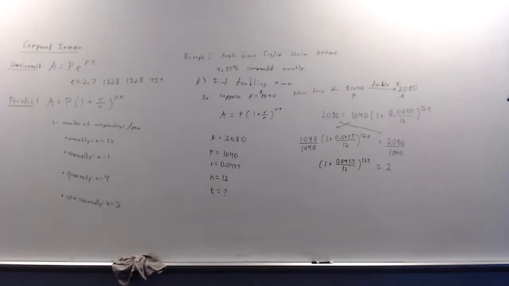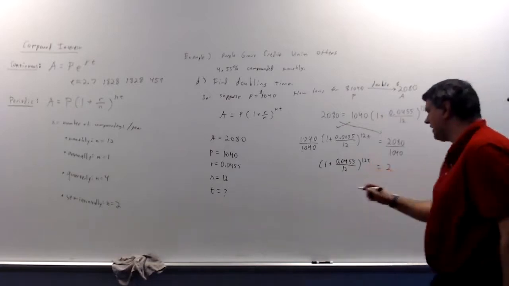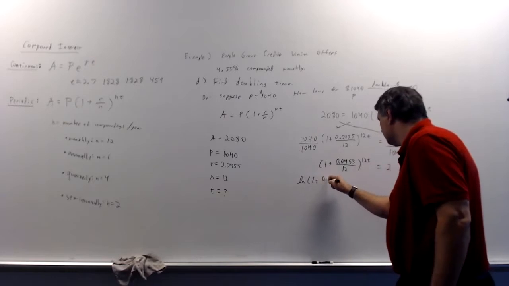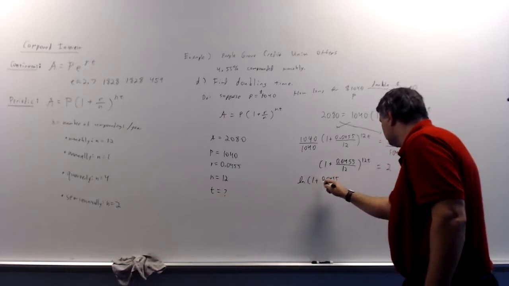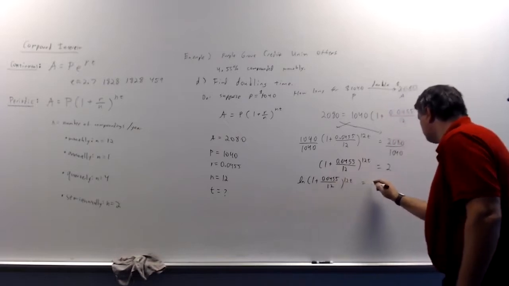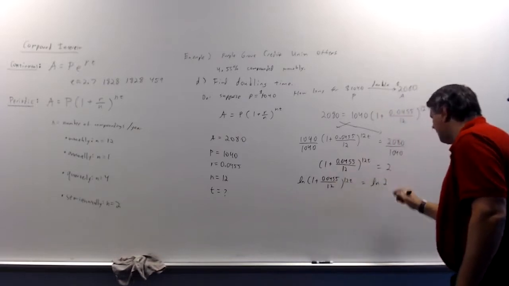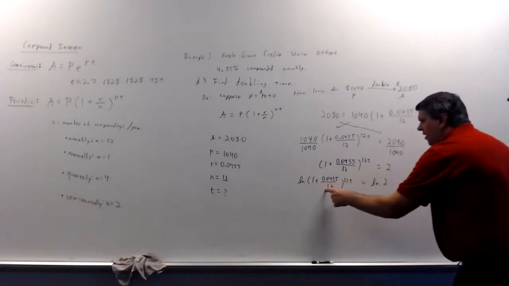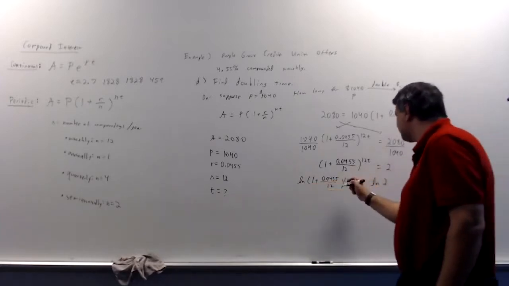Okay, I want to get the t out of the exponent, so I'll use a natural log. Now, that is log base e of a base other than e, so I can take that exponent to the front.